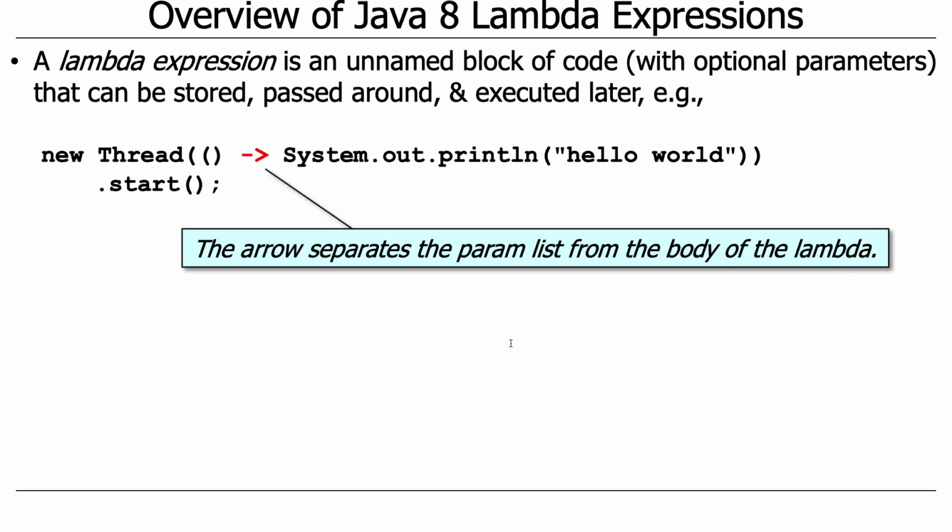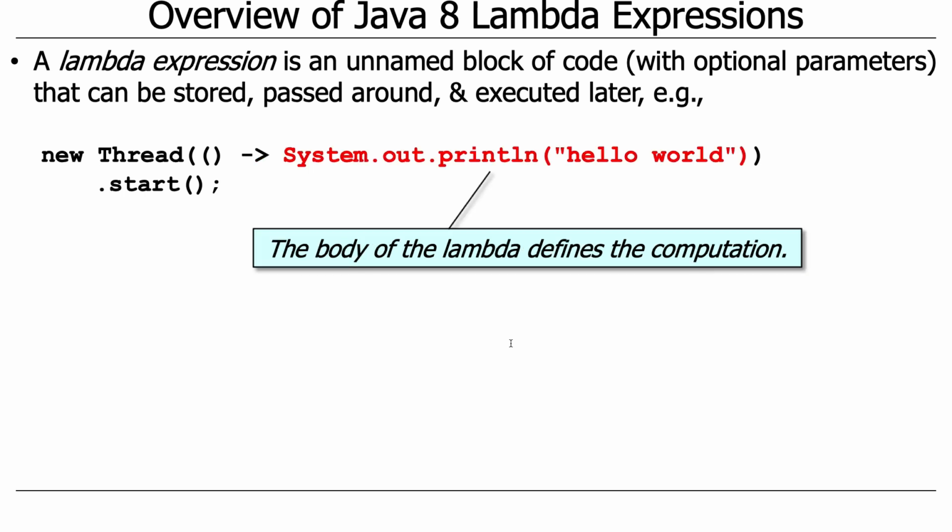And then we have this arrow, which is just a little syntactic device that says what's about to follow is the body of the Lambda, and that's separate from the parameter list, which in this case is the null parameter list. And then comes the actual body, which defines the computation that we want to have performed, which in this case is just to print hello world. But of course, hello world will be printed in a background thread. OK, so hopefully that's fairly clear.